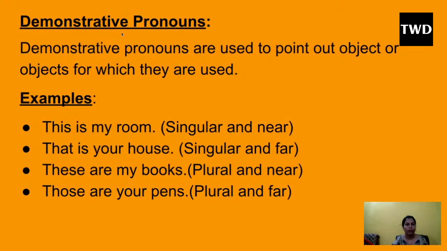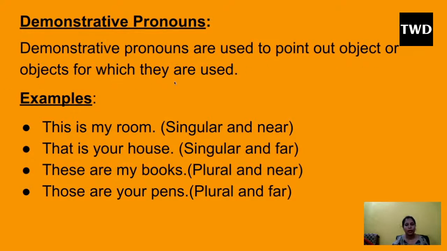Moving forward, we are going to understand demonstrative pronouns. What is the meaning of demonstrate? Giving a demo or pointing out to something, showing something, that is known as demonstrative. When we want to show something to somebody, demonstrative pronouns are used to point out an object or objects.